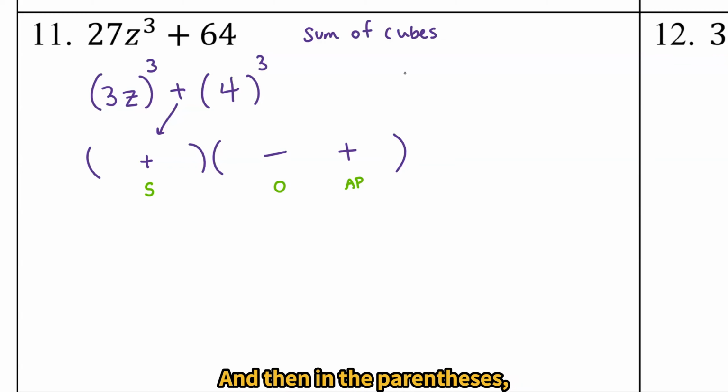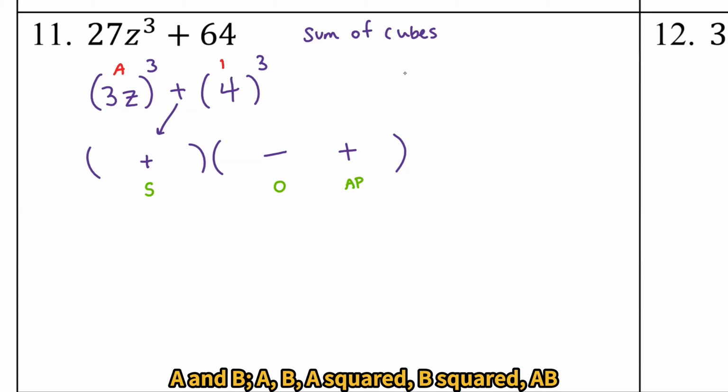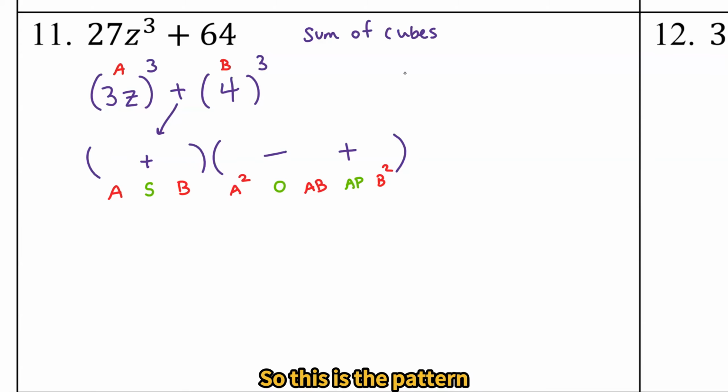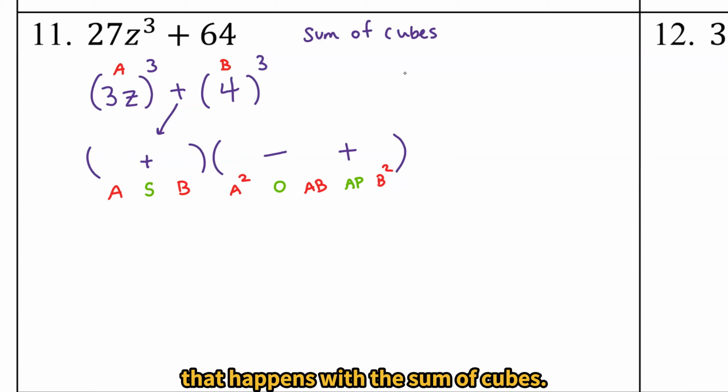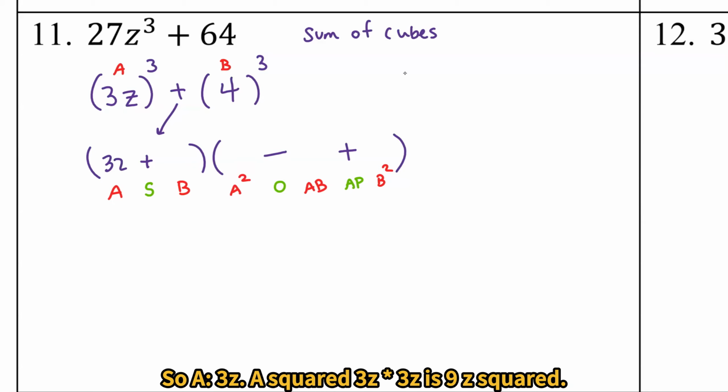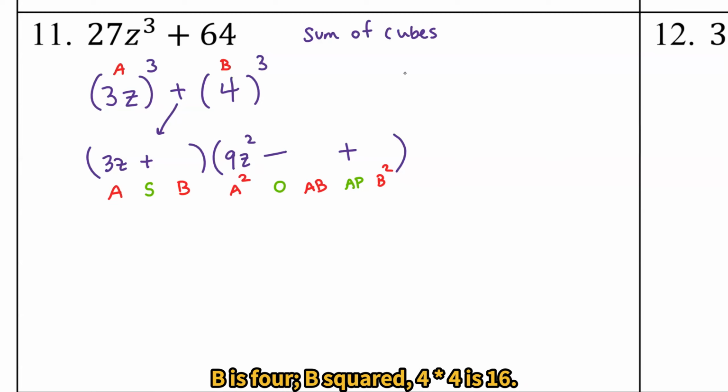And then in the parentheses, A plus B, A squared, minus AB, plus B squared. So this is the pattern that happens with the sum of cubes. So A is 3z, A squared, 3z times 3z is 9z squared.